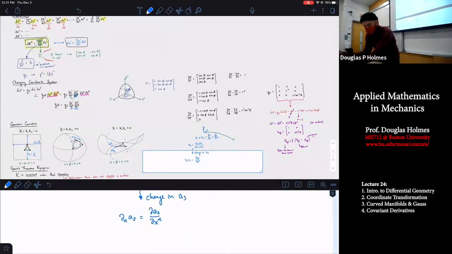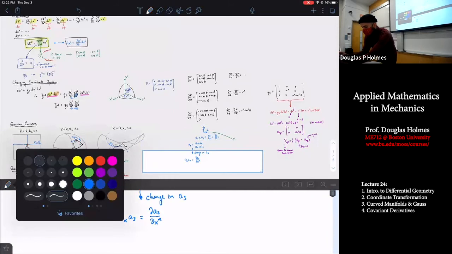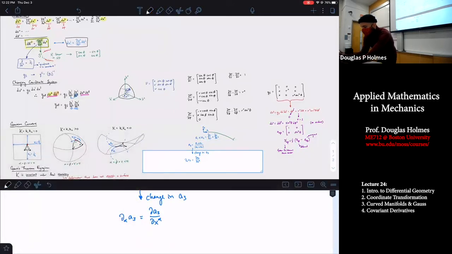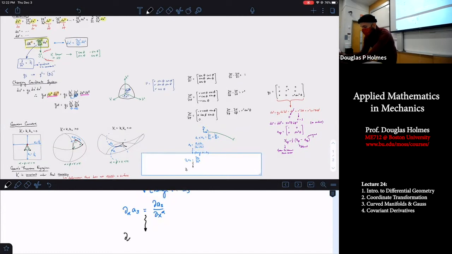Projection is the dot product. And the dot product in this tensor notation looks like this. We're going to take d alpha A3, which is the change in my unit normal, and I'm going to project that onto A1 and A2.